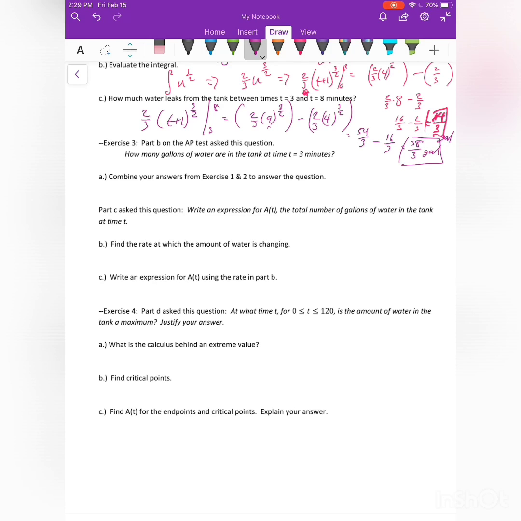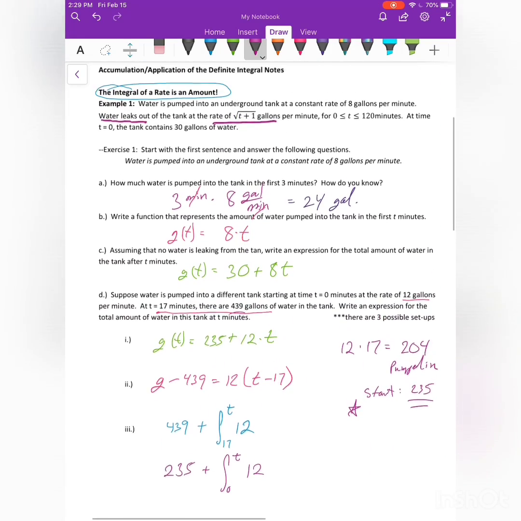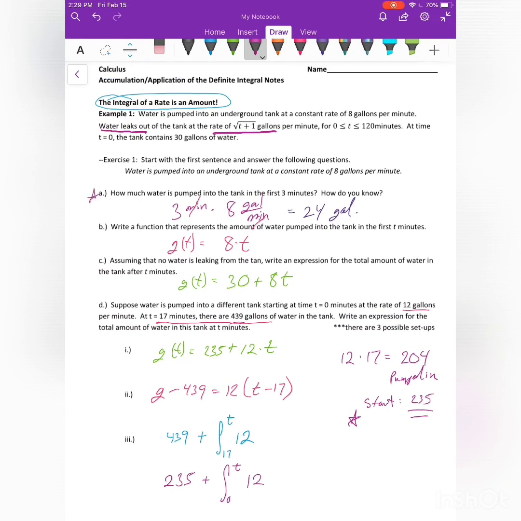The next one says how many gallons of water are in the tank at time 3. This is important. We always have 3 parts to this. You have 30 gallons to start, and that's very important. A lot of people forget about the starting amount. And then how much water came into the tank between 0 and 3 minutes. Well, that goes all the way back to part A, which says how much water was pumped into the tank between 0 and 3.